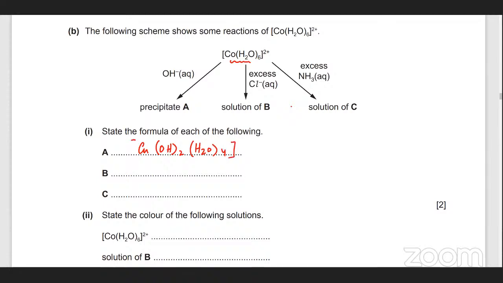Overall it's neutral. It's a solid precipitate. This is a pale blue precipitate, but then he hasn't asked for the color. Just for revision, pale blue precipitate is formed. This is a precipitation reaction.